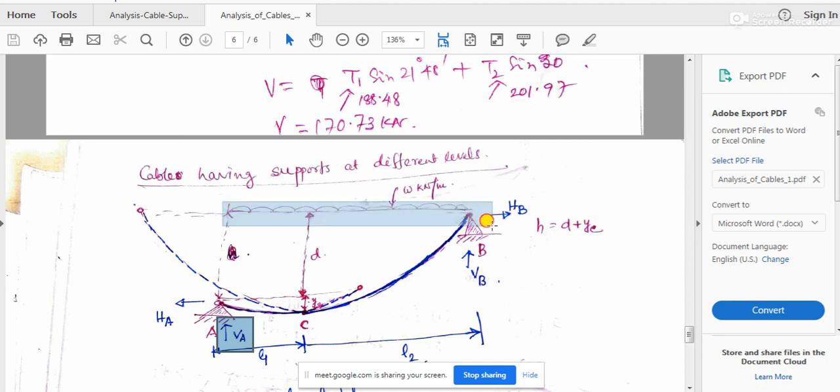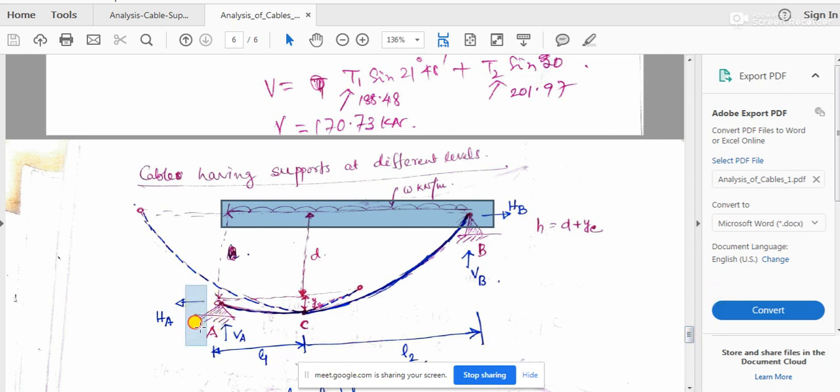This is your W, kept over the total span of this bridge or cable, L1 plus L2, so W into L1 plus L2 by 2, minus H into D by L.